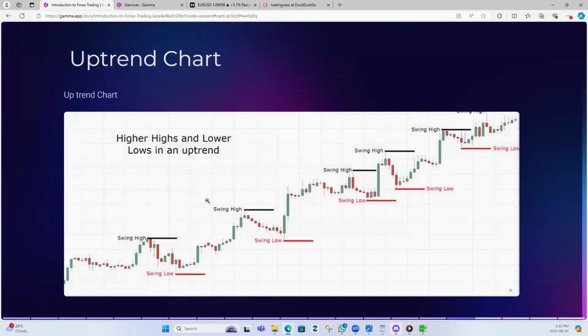Okay, so trend is your friend. Like I said, you have to know why you are trading, which way you are trading. I'm a big advocate of trading in a trend. In an uptrending market, see, this is the market that keeps on going up. It's making higher high, higher low, higher high, higher low.